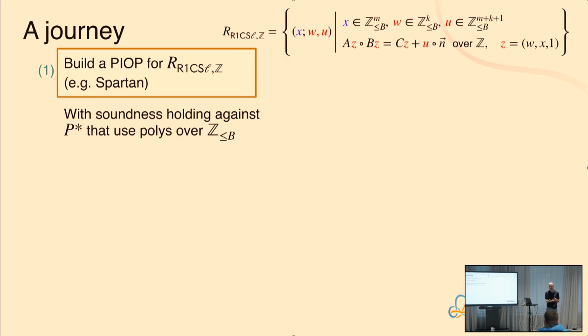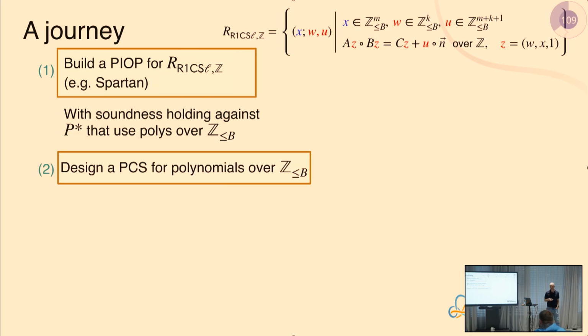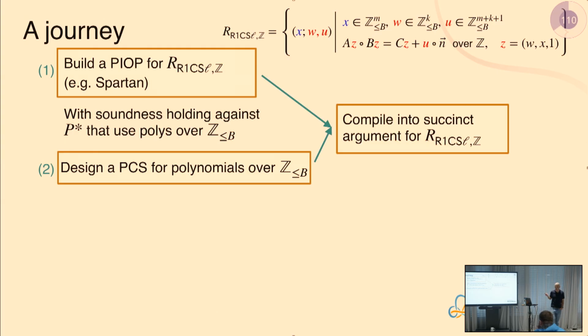You build a proof system that works if you assume that the prover sends you polynomials with coefficients in that field. So we assume the same and build a PIOP for this. That's the idea. And then we design a polynomial commitment scheme that guarantees that the prover is using these polynomials. And then we compile it with standard compiler arguments. I'm not saying we do this. That's the first idea you might come up with.